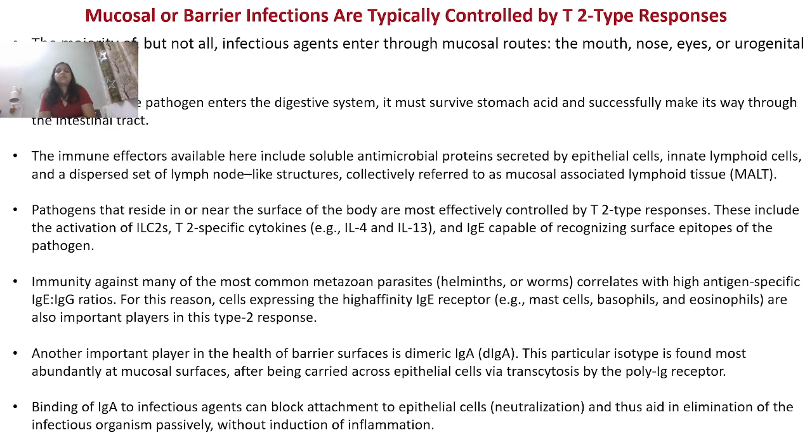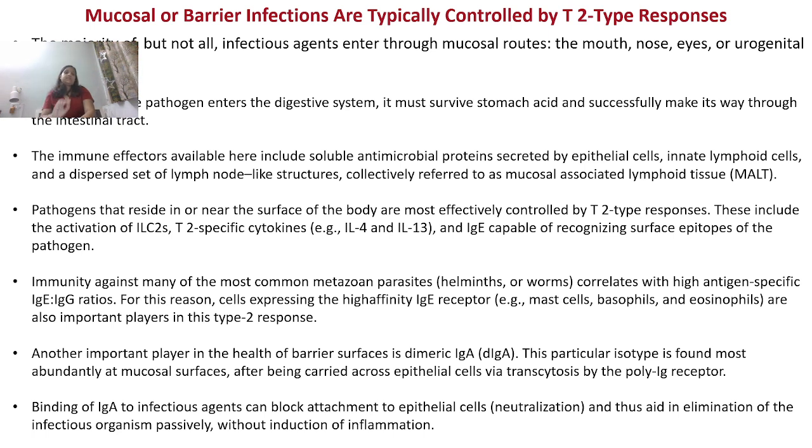Another important player in the health of various surfaces is dimeric IgA, or dIgA. This particular isotype is found most abundantly at mucosal surfaces after being carried across epithelial barriers via transcytosis by the poly-Ig receptor.